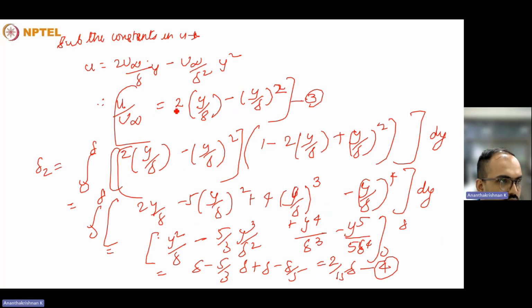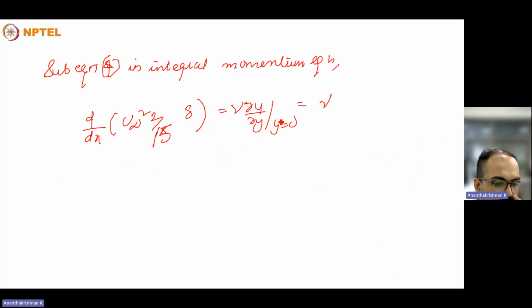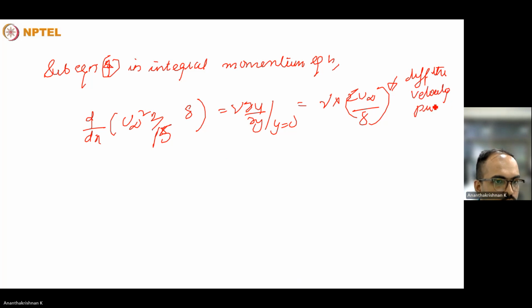We got the value of ∂u/∂y at y is equal to 0 by differentiating u and putting y is equal to 0. Only the 2 u infinity by delta remains in that equation, differentiating the velocity profile at y is equal to 0.